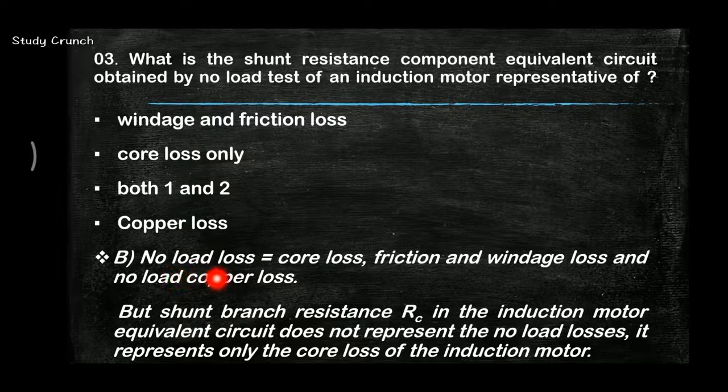But the shunt branch resistance RC in the induction motor equivalent circuit does not represent the no load losses. It represents only the core losses of the induction motor. So the answer is B, that is core loss.